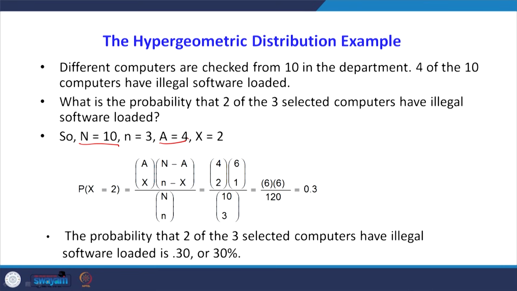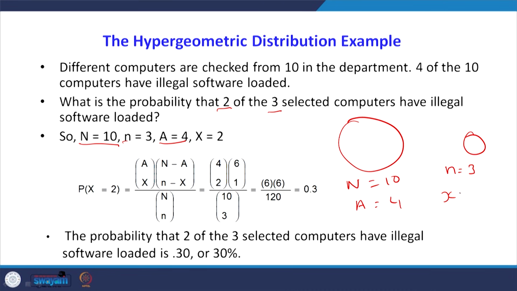Then what is the probability that 2 of the 3 selected computers will have illegal software loaded. So, x equal to 2. Here small n is 3. There are two things here, one is for the population. In population capital N equal to 10, capital A equal to 4. For the sample, small n equal to 3.